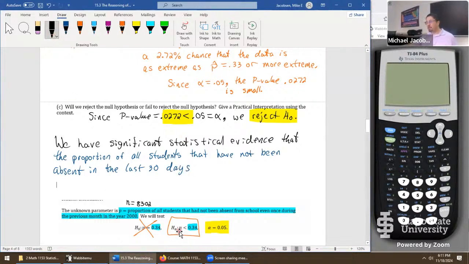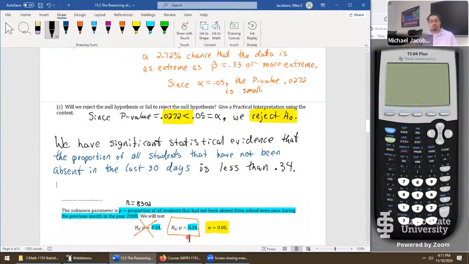Okay, so we read out the parameter P. Next thing we say is less than, it's a left-tailed test, so we have to say that eventually, is less than. Then we go over here to the hypothesized value and just read it out, 0.34. So we have evidence that this alternative is true.